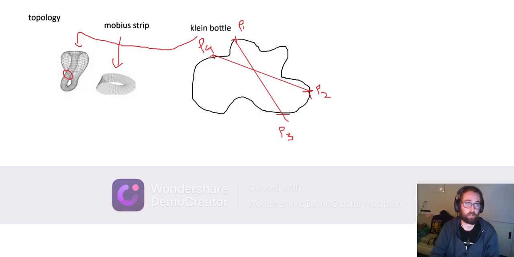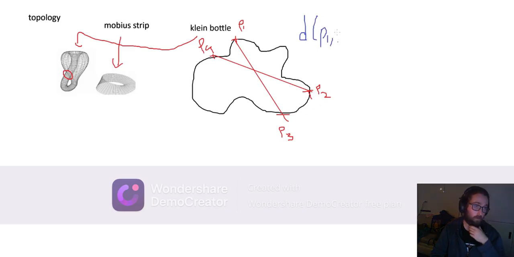Well, because it forms a rectangle, we know that the distance between P1 and P3 has to equal the distance between P2 and P4. So let me try and write that down mathematically. Let's say D is a function that takes in 2 points and outputs their distance. We're saying that D of P1, P3 is the same thing as D of P2, P4.